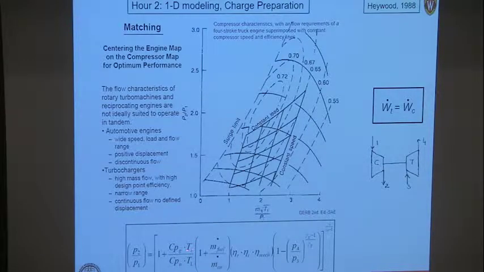You have your temperature at the exit of the engine, of the exhaust, the inlet temperature, the fuel-air ratio, the turbine efficiency, the compressor efficiency, and then there's usually a mechanical efficiency thrown in here as well. Usually it's 90-something percent. And then the pressure across the turbine. So this equation is used widely to estimate the boost pressure from a given exhaust pressure.